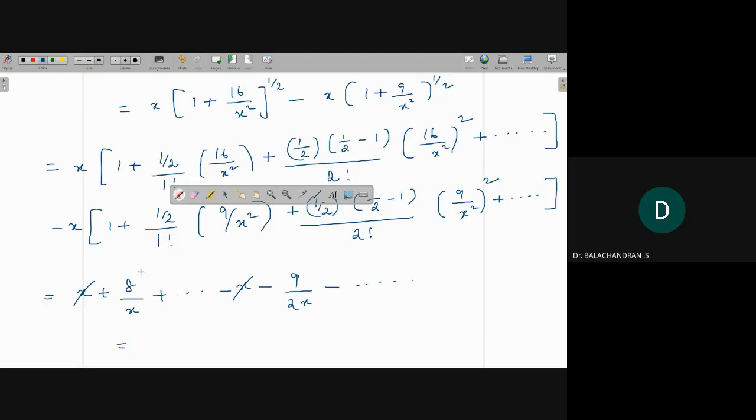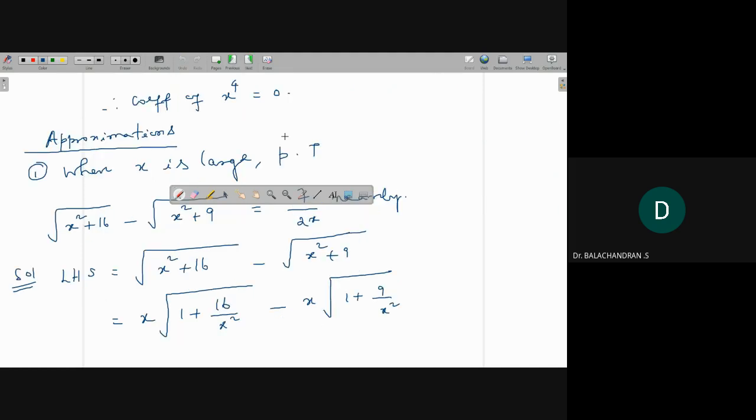From here, only these two terms. So here I took 2x LCM. So 16 minus 9, that is 7 by 2x approximately. So this is your RHS, 1 by 2x.